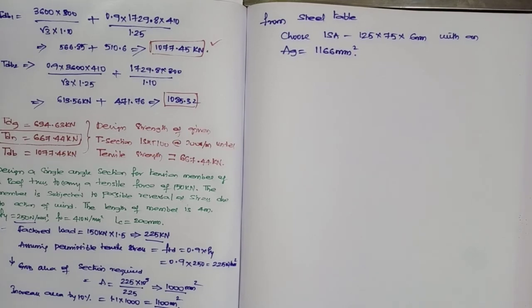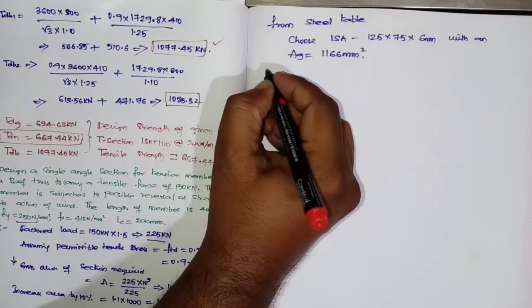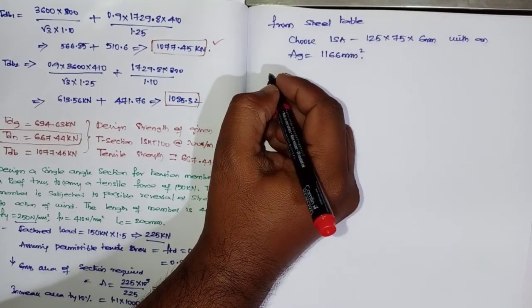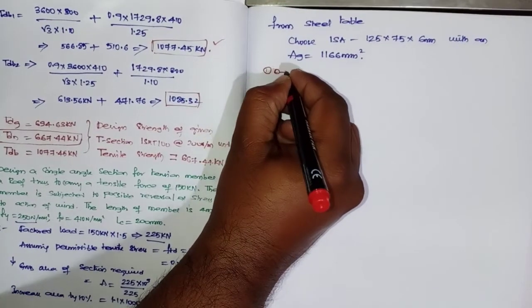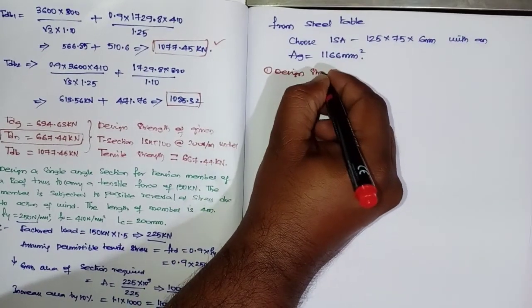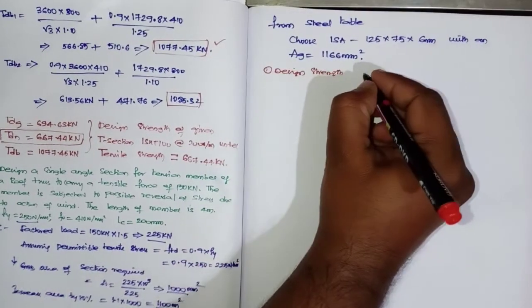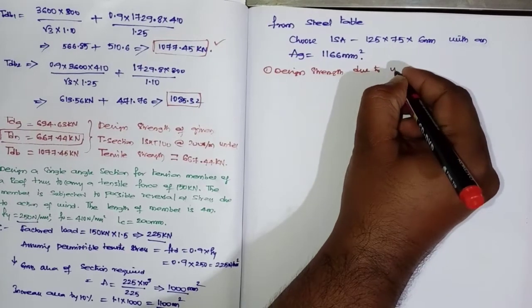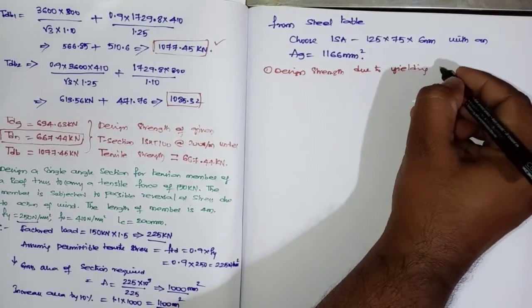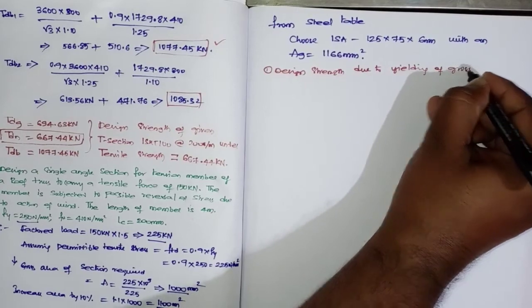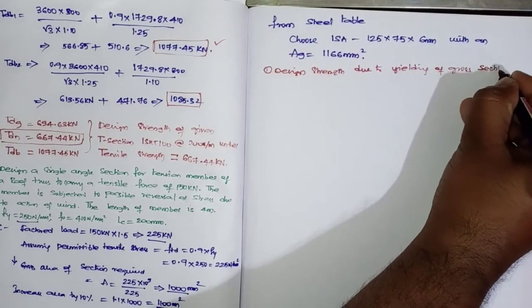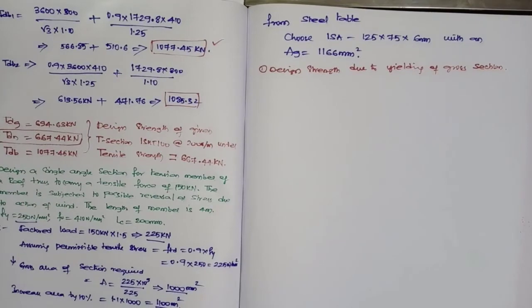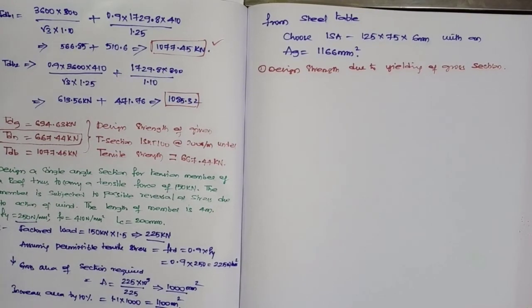Okay, now first, design strength due to yielding of cross section. So what is the formula?